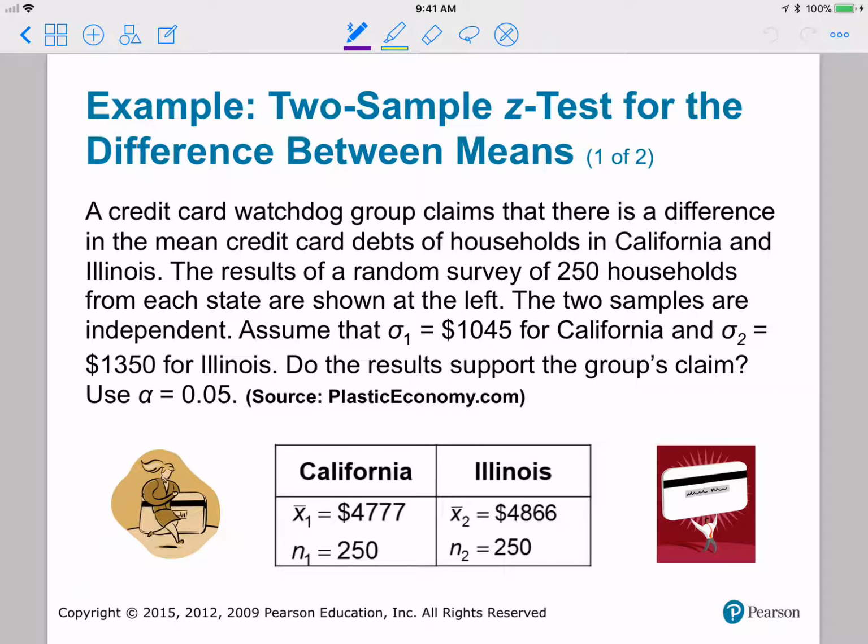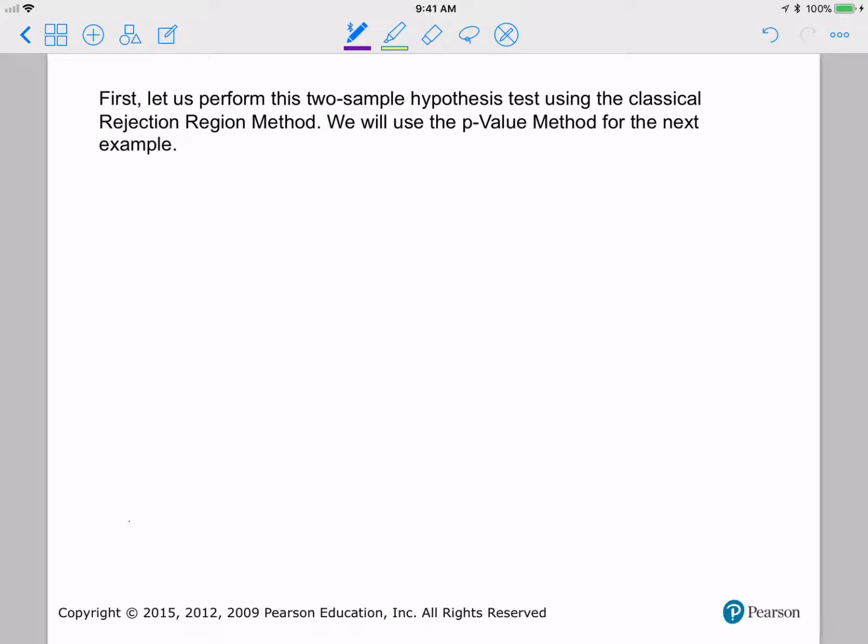Just as a recap, we are doing a 2-sample z-test for the difference between means, and sigma 1 and sigma 2 are known. You can pause and read the information here. We're looking at credit card debts between California and Illinois.